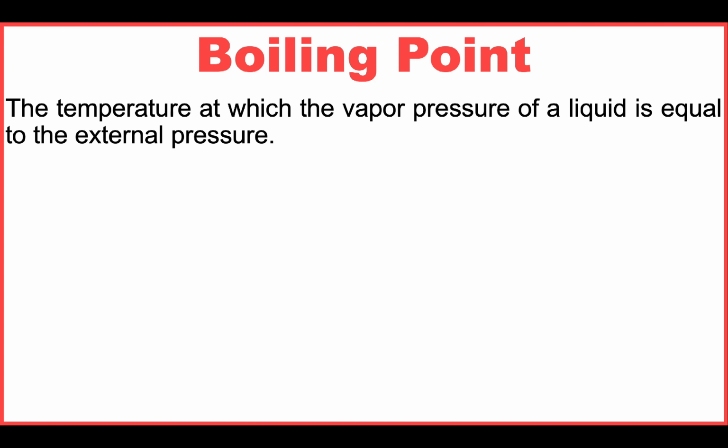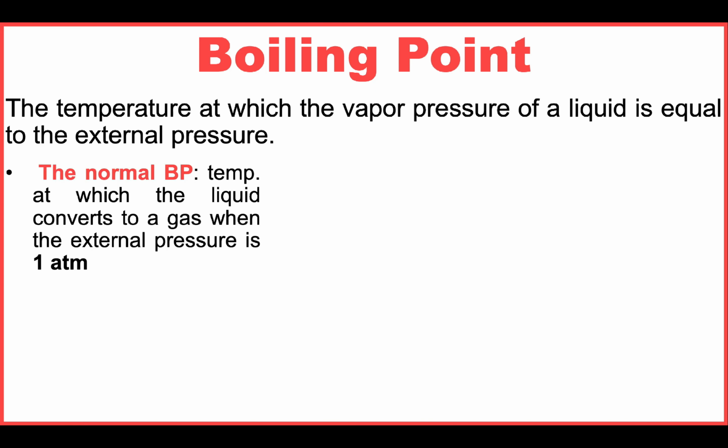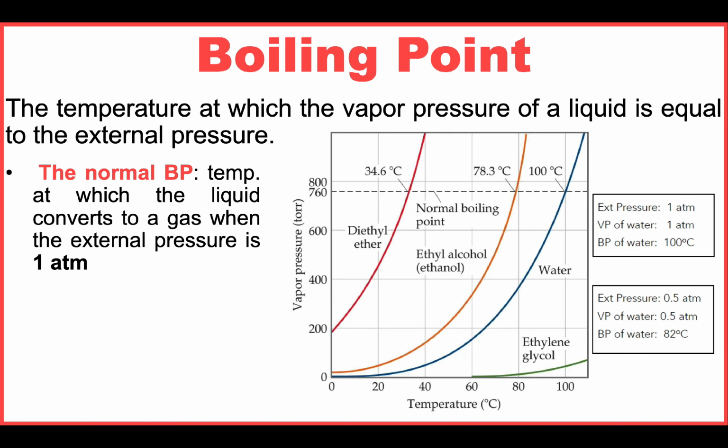Okay, we have this thing called the normal boiling point. The normal boiling point is the temperature at which the liquid converts to a gas when the external pressure is 1 atmosphere. So the normal boiling point of water is 100. The boiling point of a liquid depends on the external pressure.